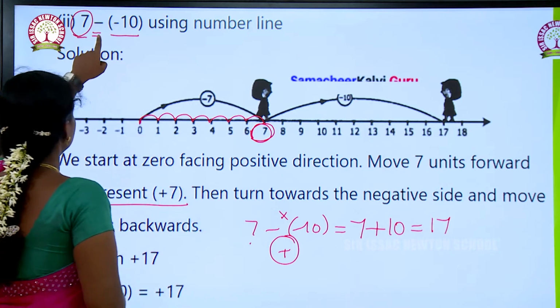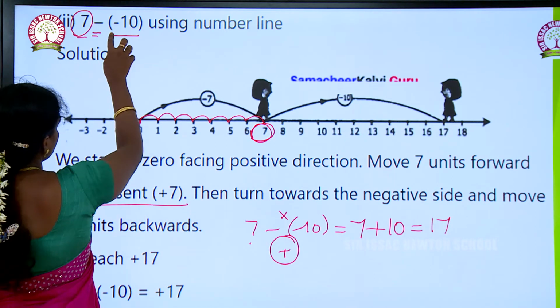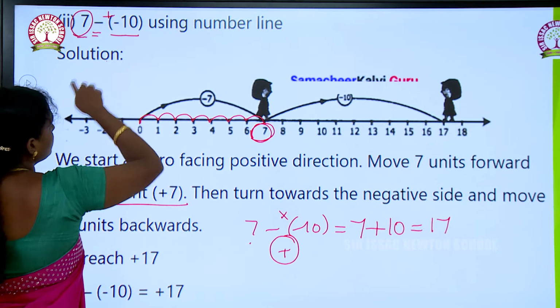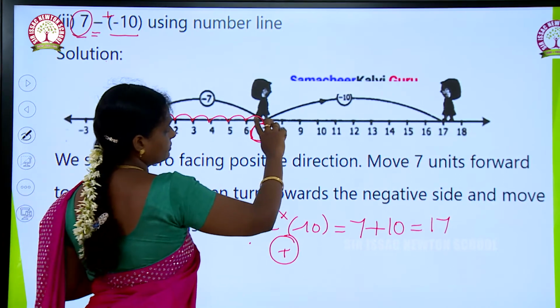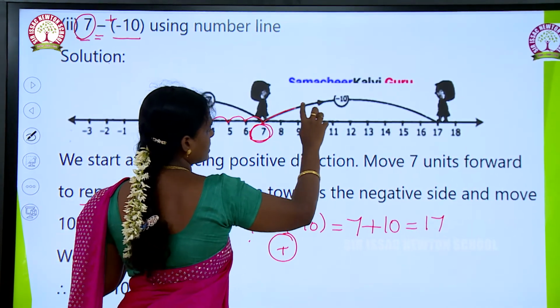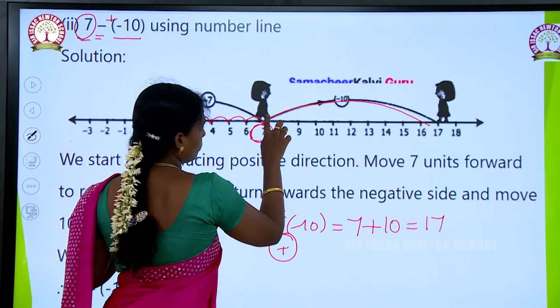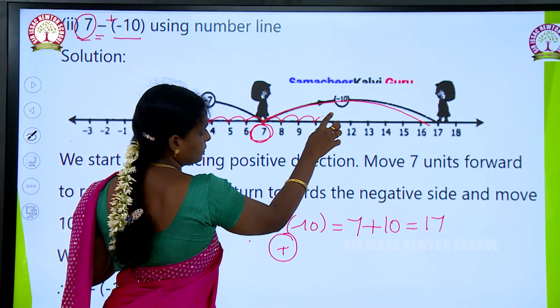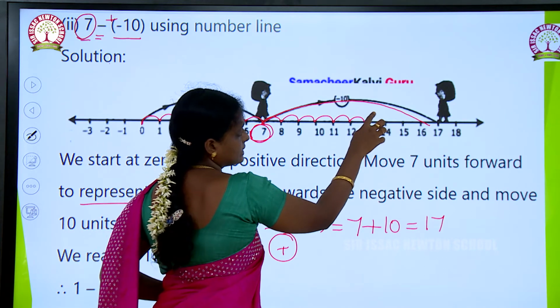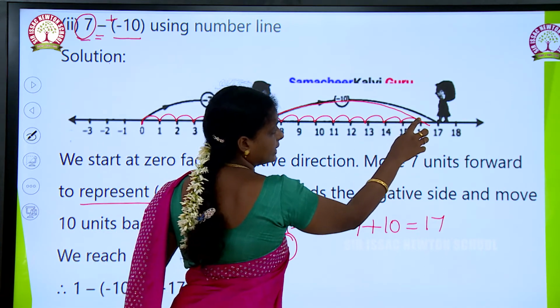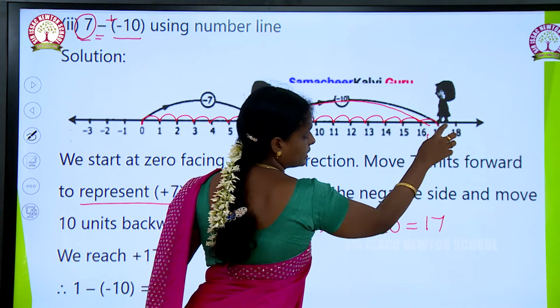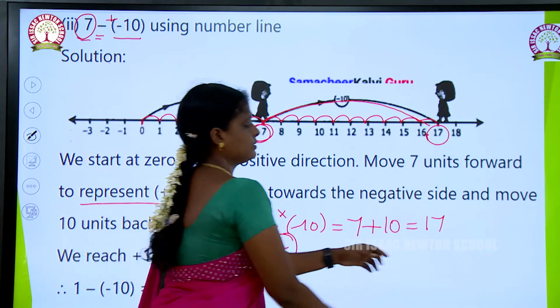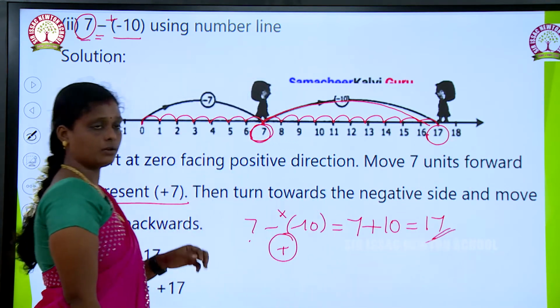From here, I have already told you minus into minus will become plus, so again you have to jump 10 steps towards this side: 1, 2, 3, 4, 5, 6, 7, 8, 9 and 10. Finally you will reach 17. So you get the answer. Okay, next question.